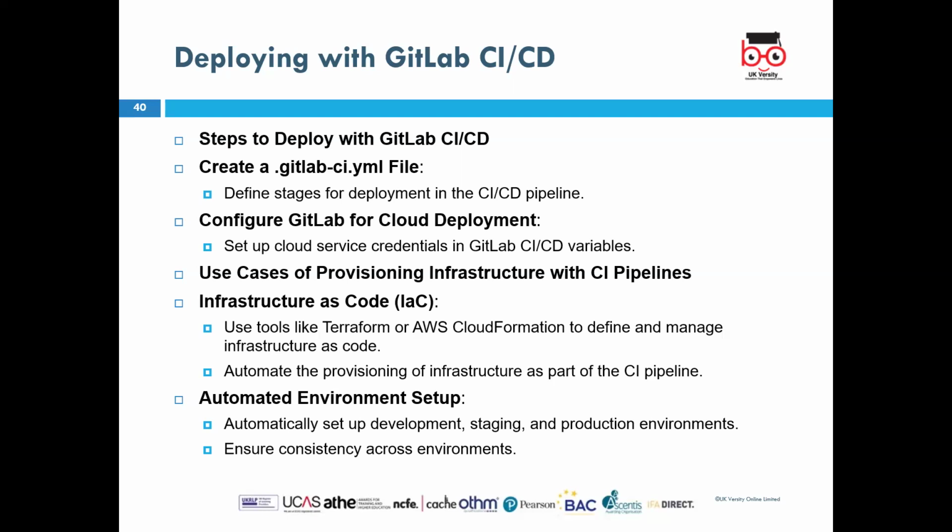We now have a use case of provisioning infrastructure with CI pipelines, where we have infrastructure as code, IaC, which will use tools like Terraform and AWS CloudFormation to define and manage infrastructure as code. Then we have automated environment setup, where we're going to automatically set up our deployment stage in our production environment.